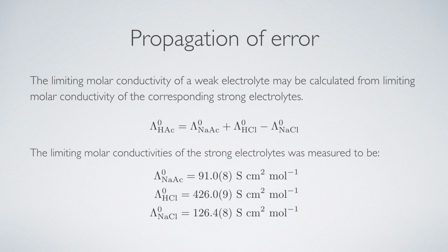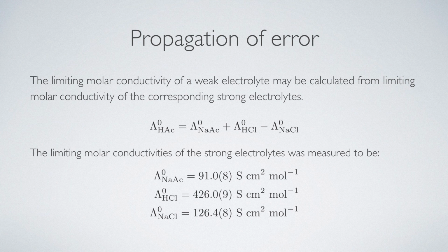Putting that into practice, here is an example of determining the limiting molar conductivity of a weak electrolyte based on calculations from measurements of the limiting molar conductivity of strong electrolytes. It's very difficult to measure the limiting molar conductivity of a weak electrolyte directly, so this is actually our best method of going about it.